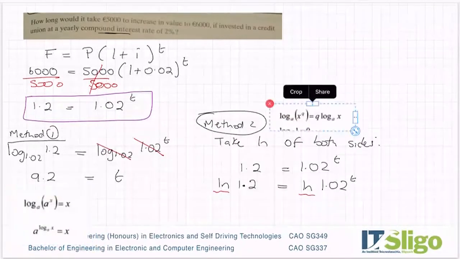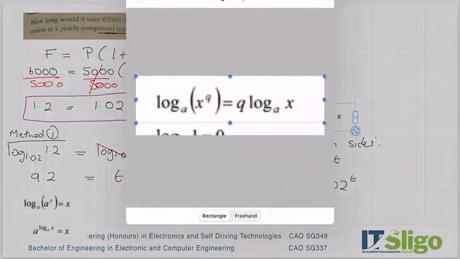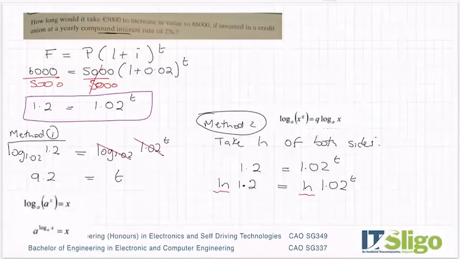So what's this one telling us? Well, it's telling us that if I have something in a power, I can take it down in front of the log. So what does that allow me to do here? Well, it allows me to take this t and take it down in front. So I can write this as t ln of 1.02, and then the left stays the same.